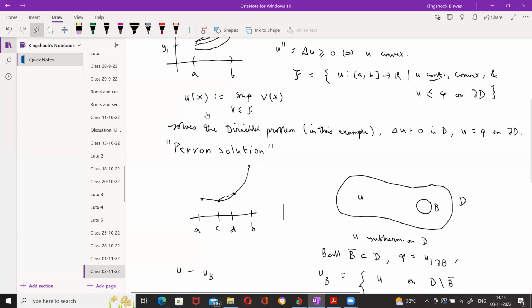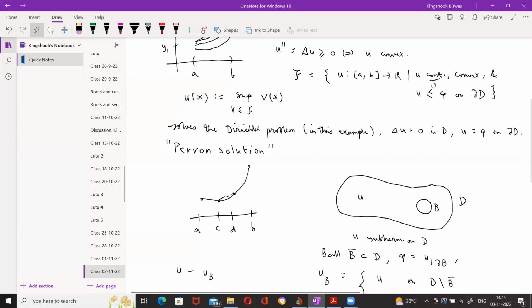But roughly, this is the heuristic idea why the Perron solution should be harmonic, because you can always improve it locally and make it larger and still get what's called a sub-solution.